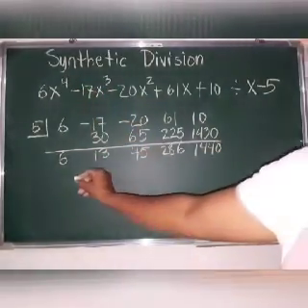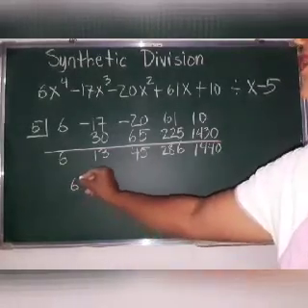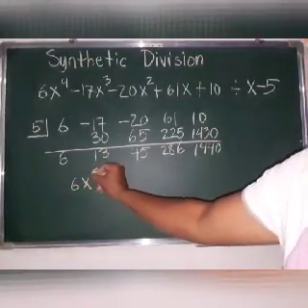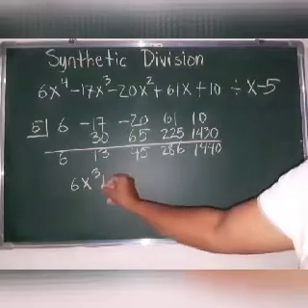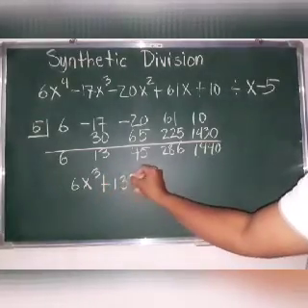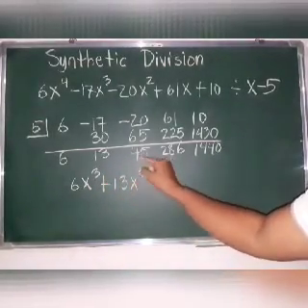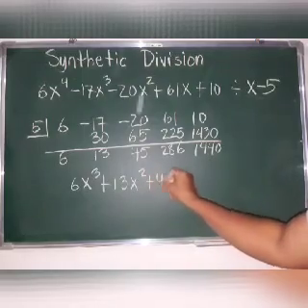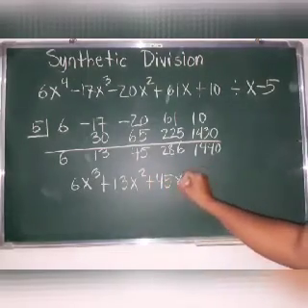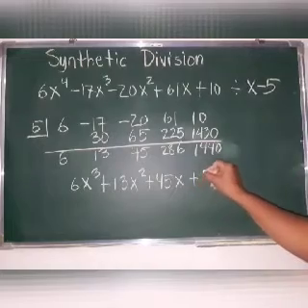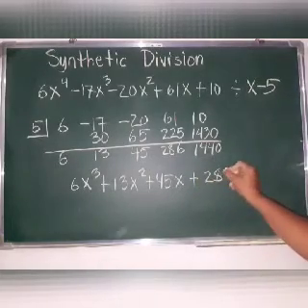Okay, so we have now 6x cubed plus 13x squared plus 45x plus 286.